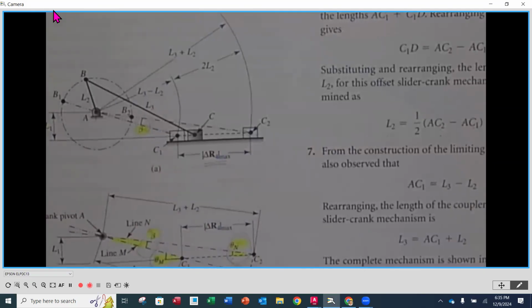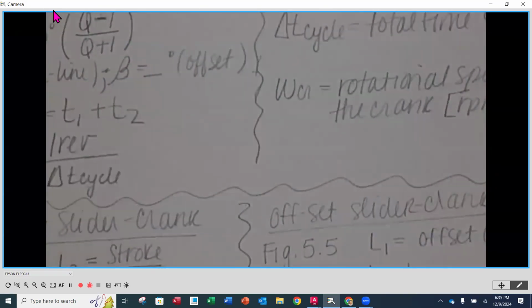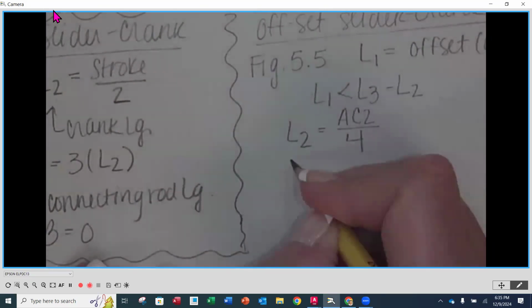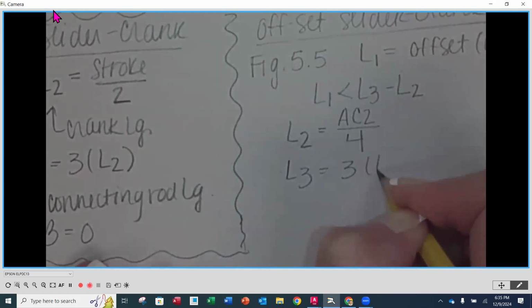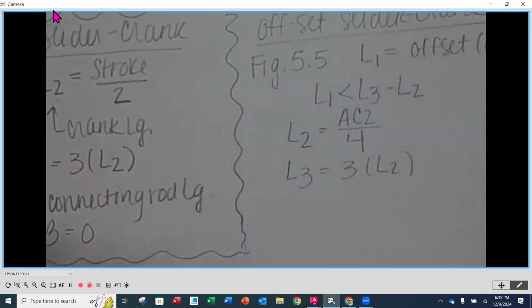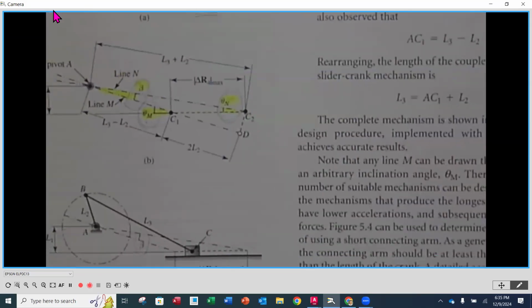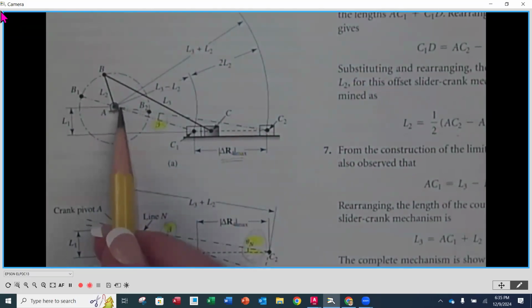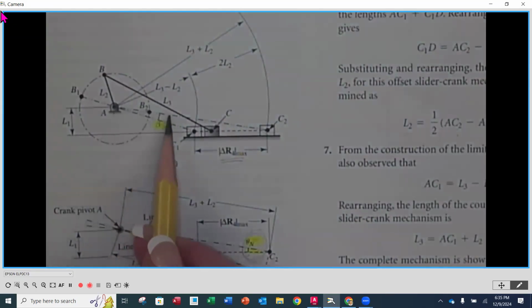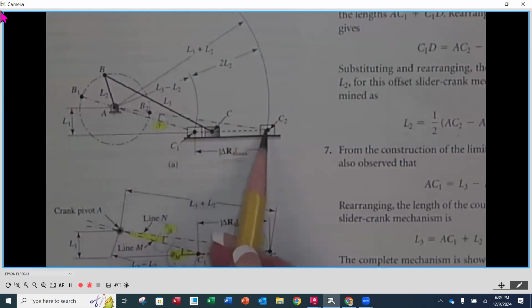And we know that because the same relationship is going to hold too, where L3 is going to be equal to 3 times L2. Okay, so if we look at AC2, this length right here, this is when we have the crank in line and stretched all the way out with the connecting rod.